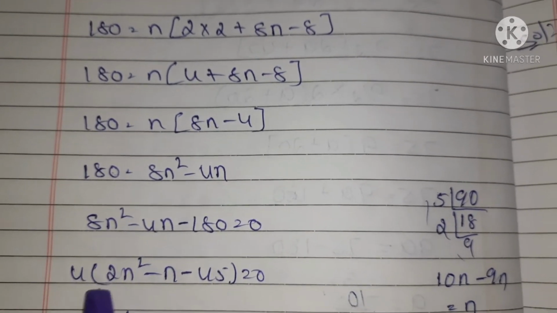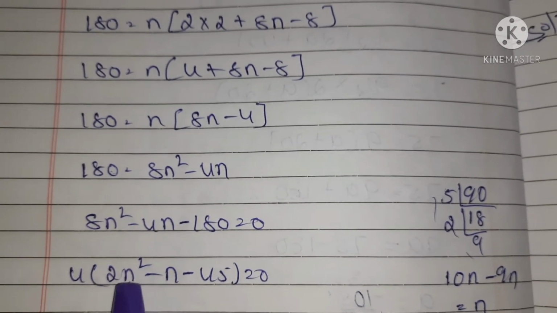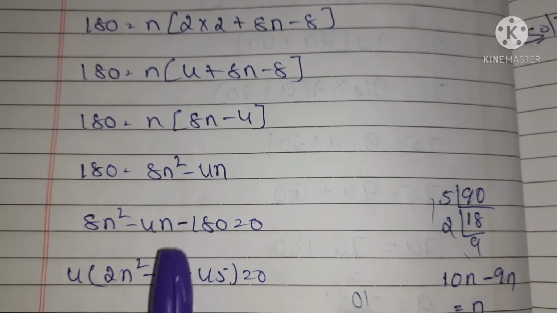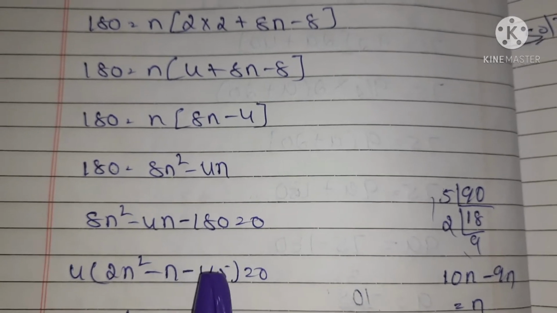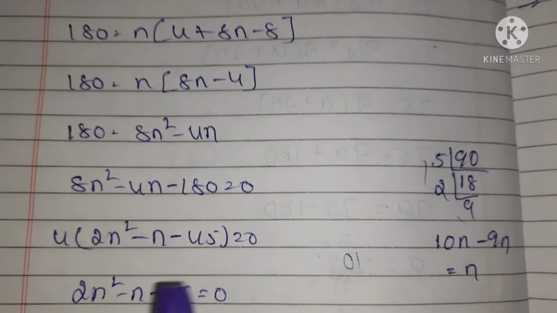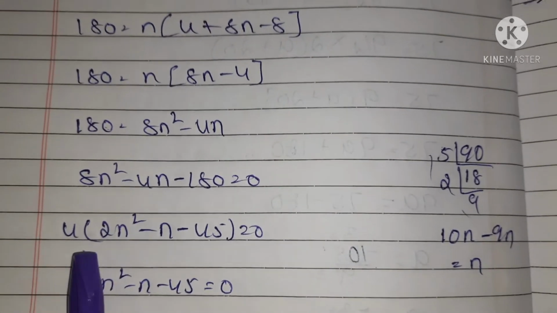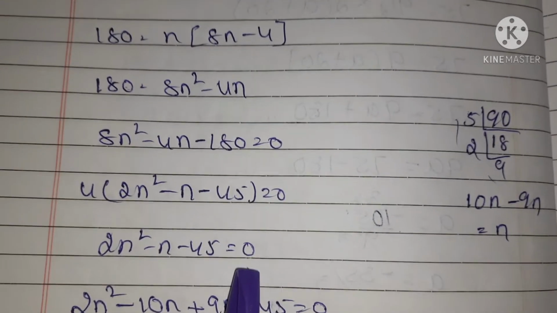Then 4 2s are 8n square, 2n square. Here 4 is common. Remaining is n. 2n square minus n minus 45 is equal to 0. Here 4 will come to this side, it will be 0.